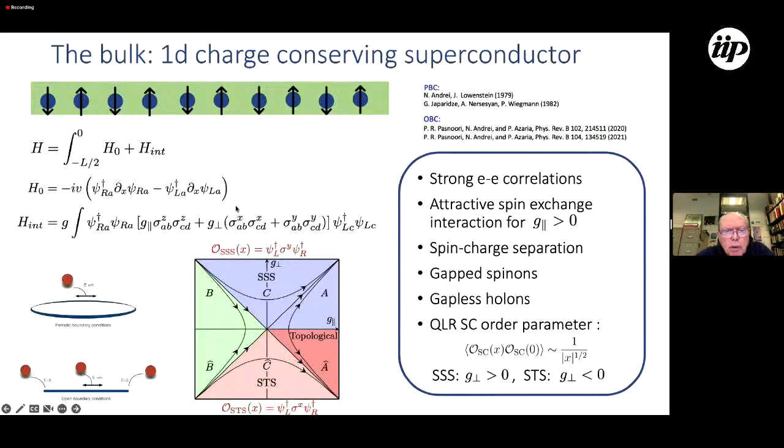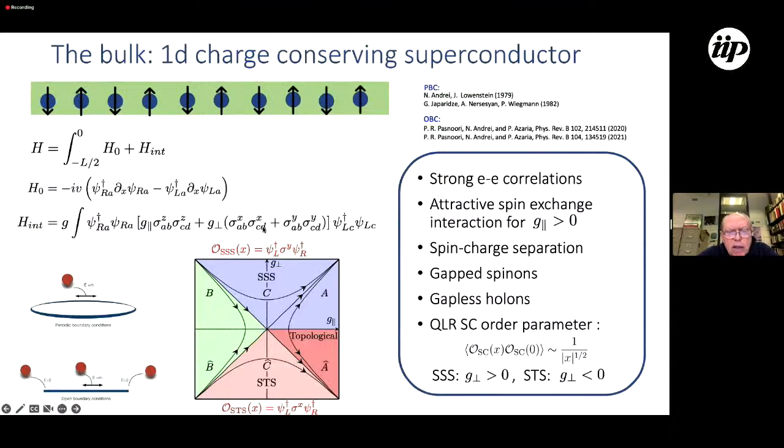So the model that we are going to study consists of the following Hamiltonian. This is the Hamiltonian of the bulk of the superconductor. So we have left and right moving electrons on a system between minus L over 2 and 0. So this is the left and right mover.